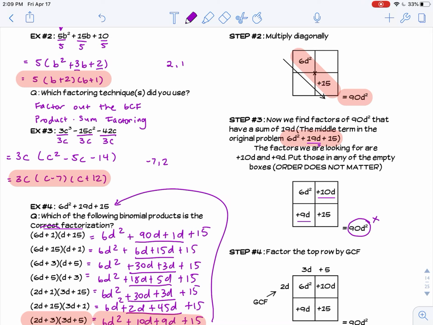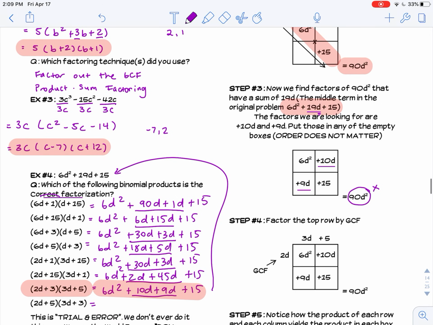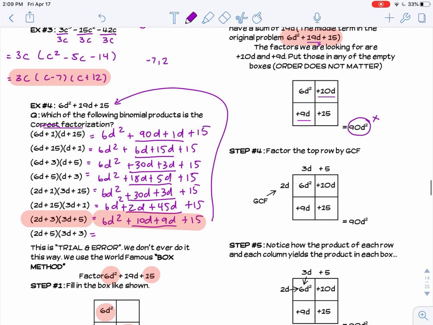Now, this is the first time doing this. If you're confused, don't worry. We're going to do more examples. The next step is to create our factors. We do this by looking at each square.